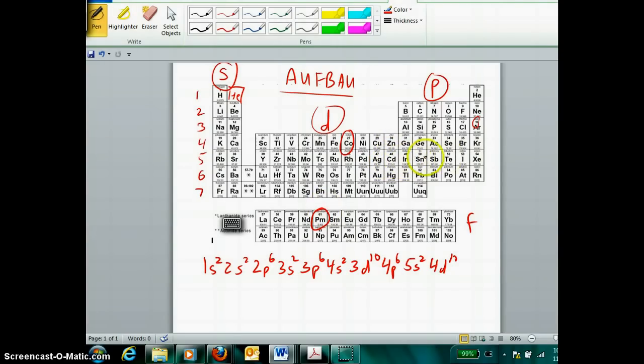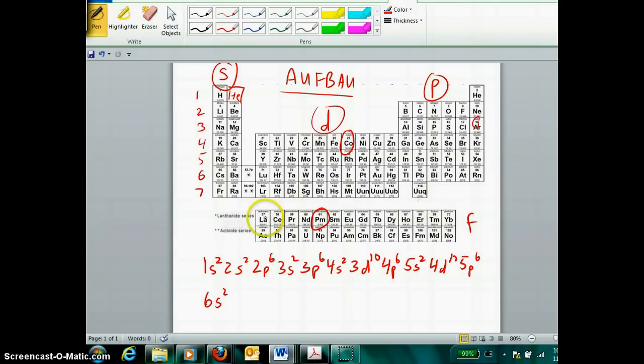Well, afterwards we get 6 more p's. This is 2p, 3p, 4p, this is 5p. 5p6. Running out of space, I'm going to continue down here. And after 5p6, we get 55 and 56 in the 6s, 2 of them. Now after 56 comes 57, and that's not here in the d's, that's down here in the first series of f orbital electrons.